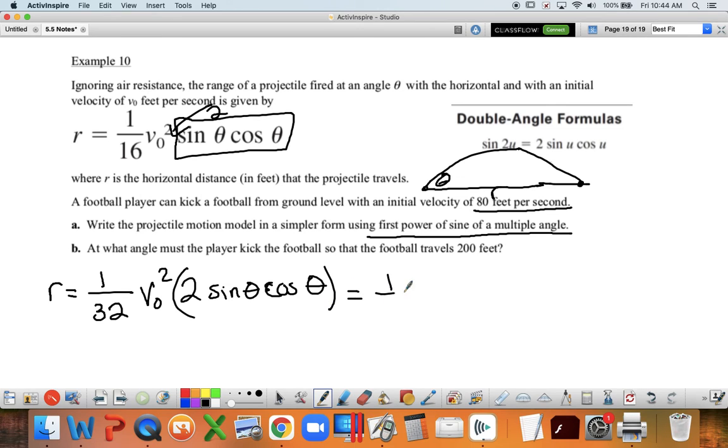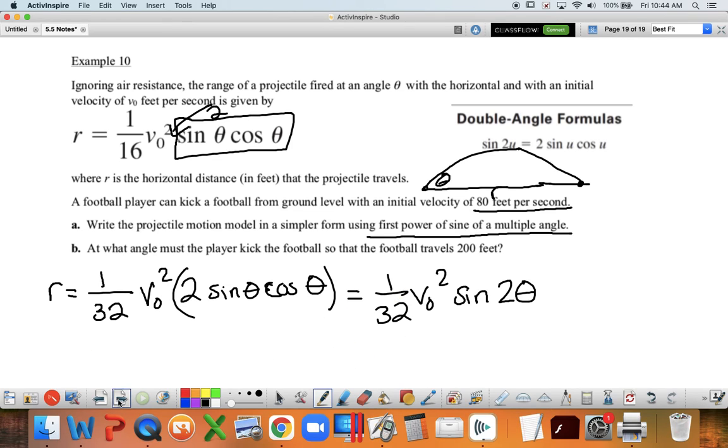So I get 1 over 32 initial velocity squared times the sine of 2 theta. So that is the equation that we are going to use to then solve letter B, which is at what angle must the player kick the football so that it travels 200 feet.